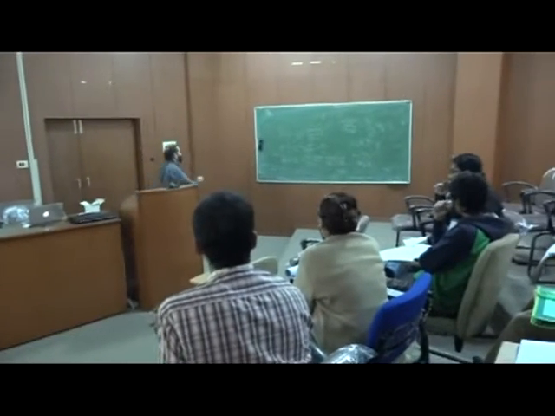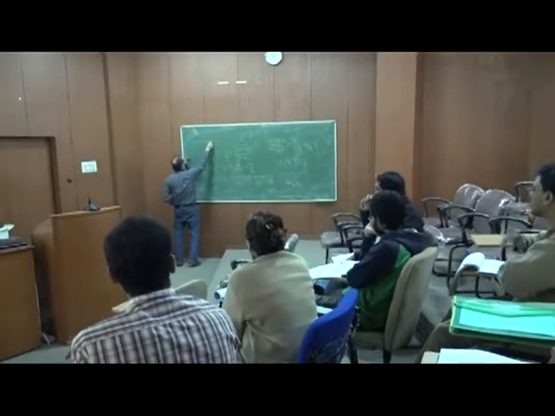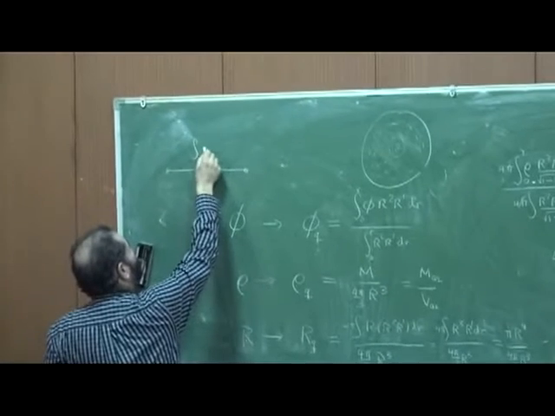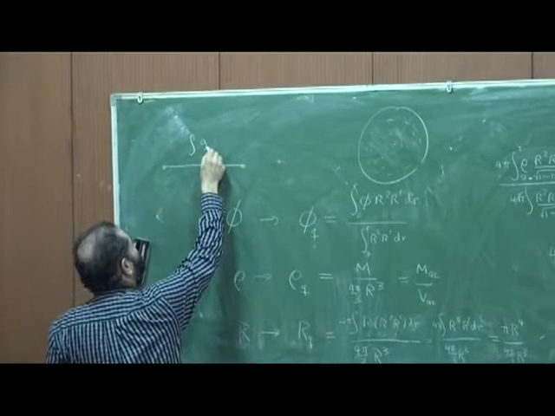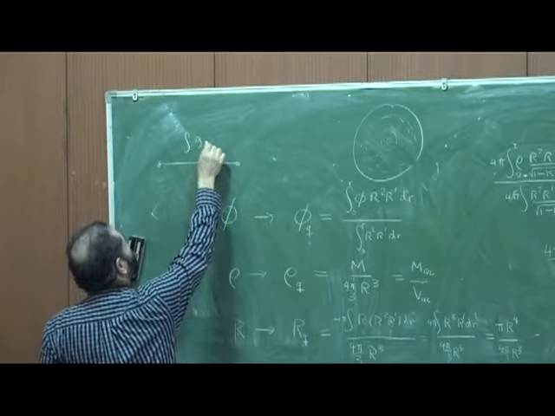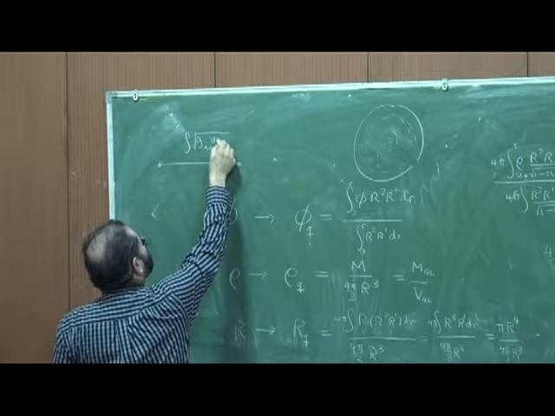The proper distance along one curve from here to here is the integral of the metric, let's say the space metric.